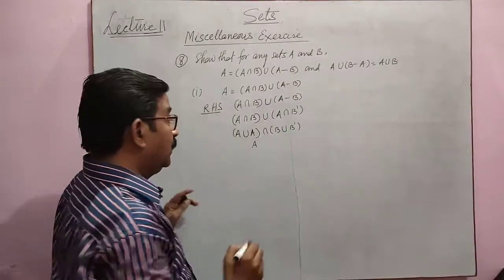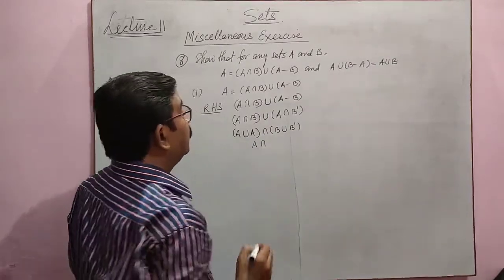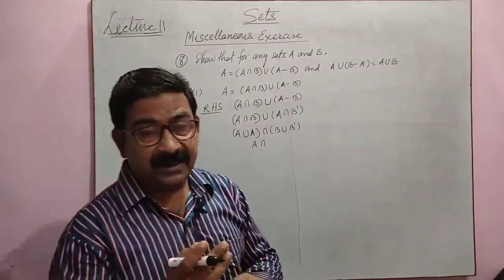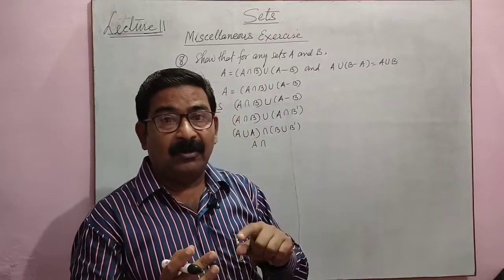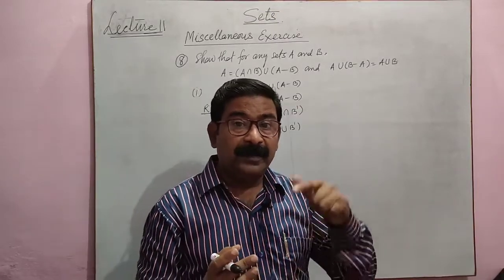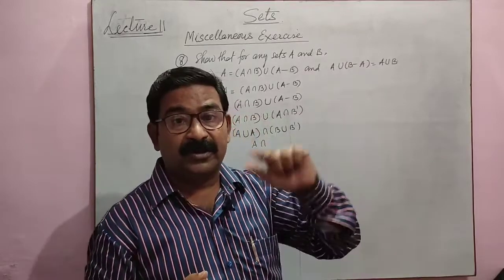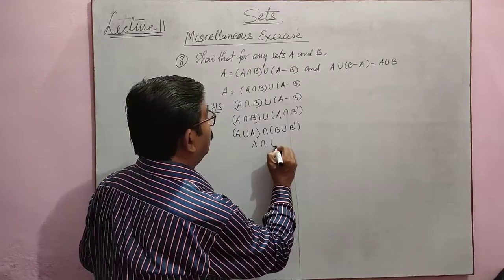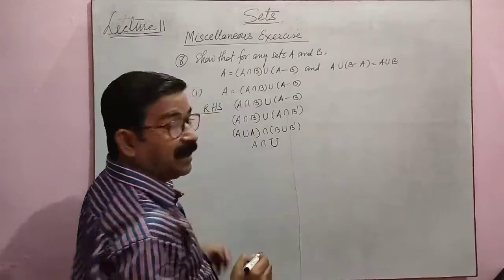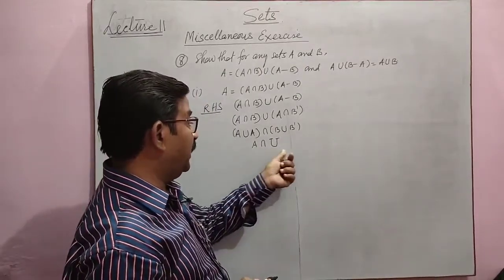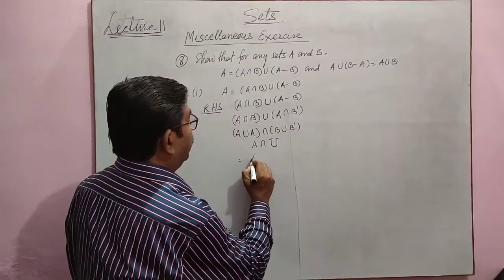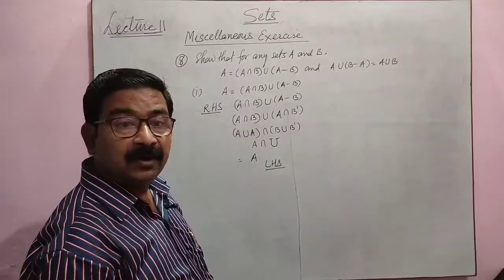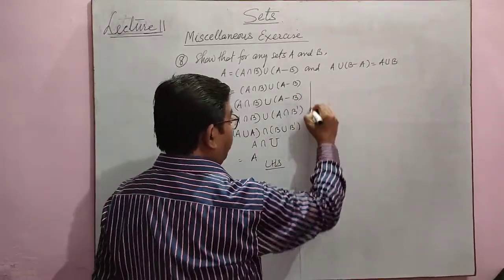A, intersection B union B complement. A set and its complement. How is complement found? Means the element is taken out from universal set. So union of these two sets is equal to what? Universal set. And intersection of A and universal set is what? A, which is left hand side. Got it?